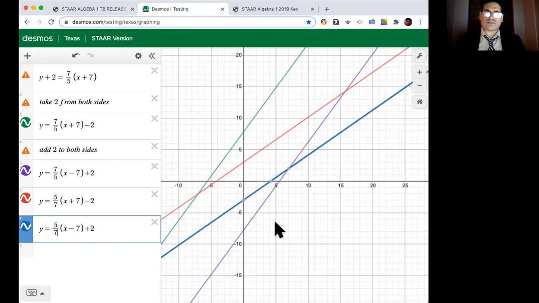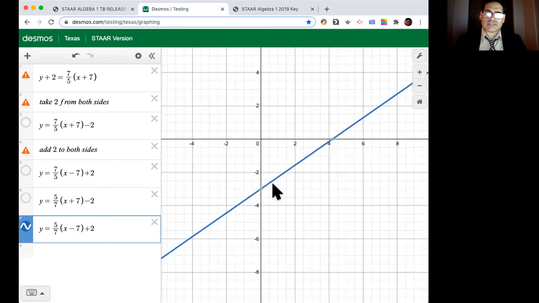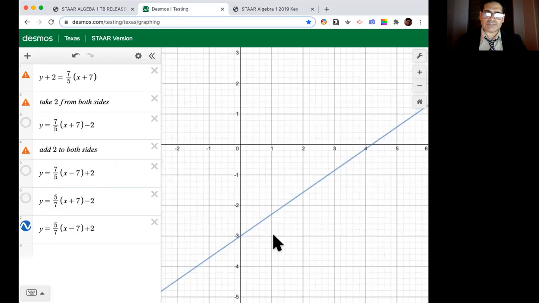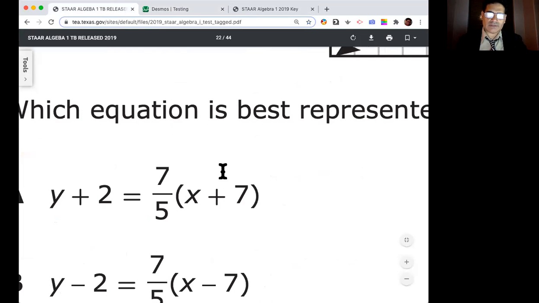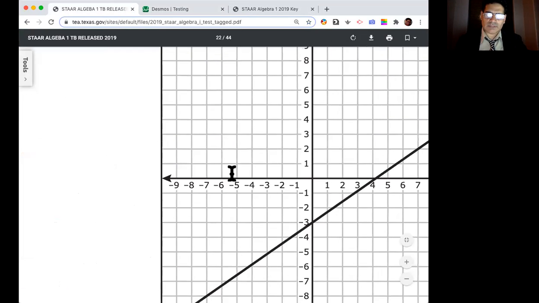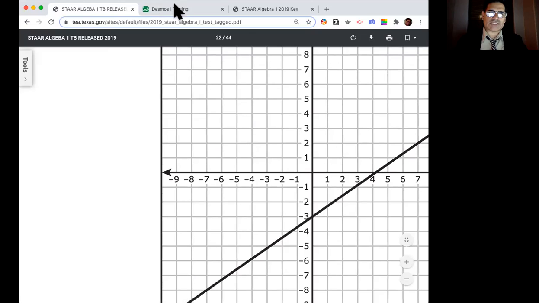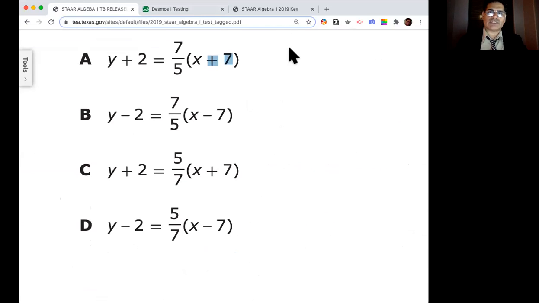Okay, what am I left with now? I've got to zoom in. Let's turn these other ones off by clicking on the side. Okay, and I'm near 4, a little beyond that, and I'm at -3, and that appears to be the closest one. If you zoom in closer, you'll see that it's maybe a little beyond, but that's the closest one, so I'm going to choose my last one.